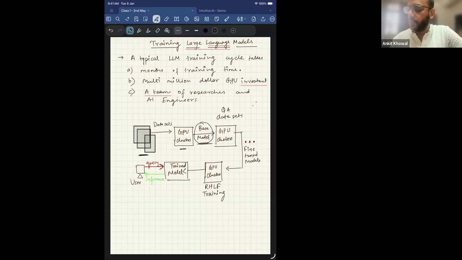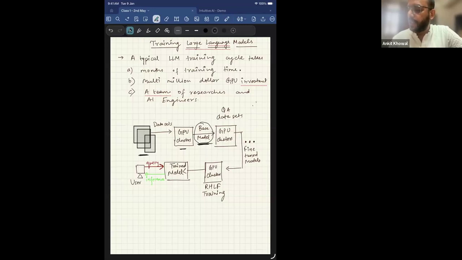So that is what we'll do after a base model is trained. We'll teach it how to answer first in the form of a Q&A set. Today, you interact with any LLM in the form of Q&A. You give it a question, and it gives you an answer back. The base model does not have that capability. It can just fill in the blanks, predict the next word, or give very raw answers.